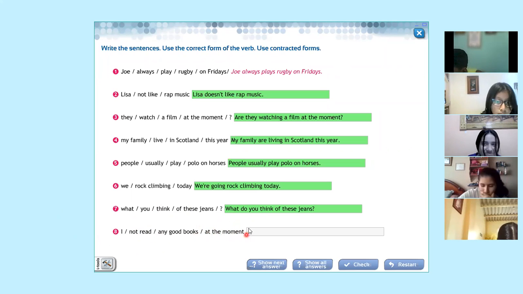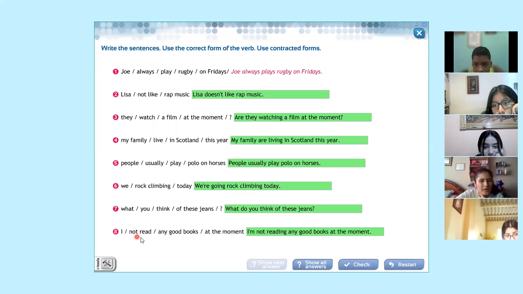At the moment is present progressive because it's only a temporary action. Ronald? I don't think any good books not read at the moment. Incorrect. I am not reading.